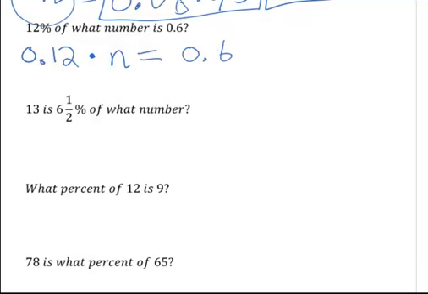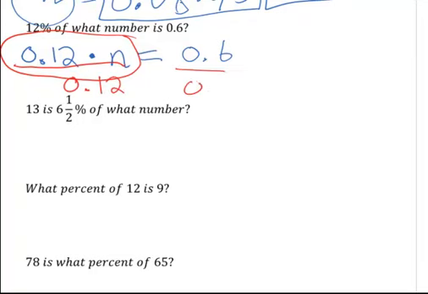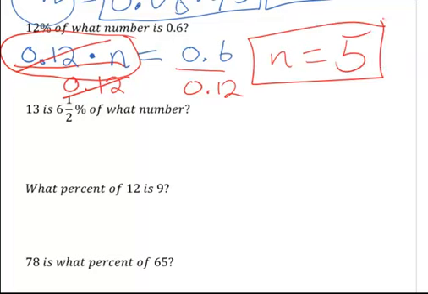My letter n is not by itself right now because it's being multiplied by 0.12. The opposite of multiplying is to divide, so I'm going to divide both sides by 0.12. These will cancel. That'll leave me with n equals, and on my calculator, 0.6 divided by 0.12, I'm coming up with 5.